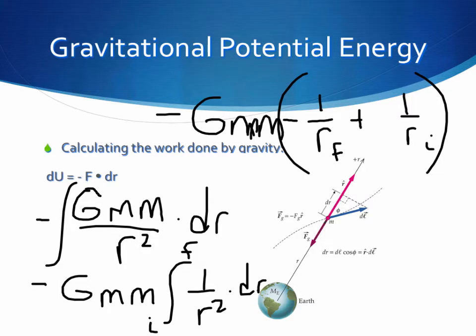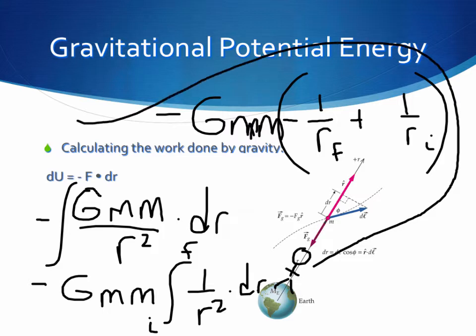But now let's talk about those two bounds and where they are. Your initial r location will be wherever you start in the universe. Say you're starting on the planet. So you're standing here on the planet and you want to calculate your gravitational potential energy. Okay, what about your final location? Where could we go in the universe to have no gravitational potential energy whatsoever? Well, I could get further from Earth, or further, or further, and if I go far enough, way over here, we found it.